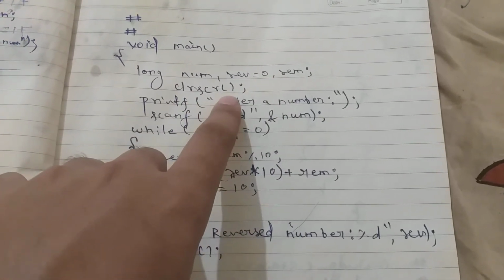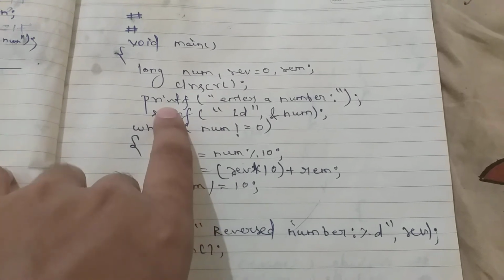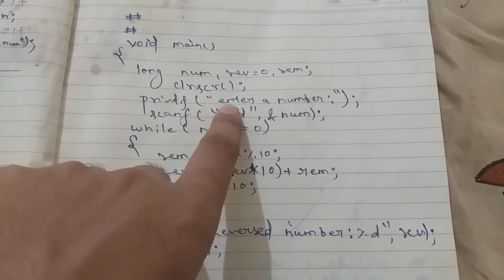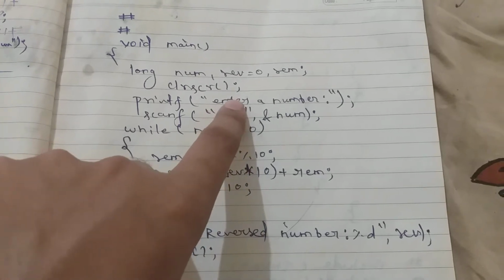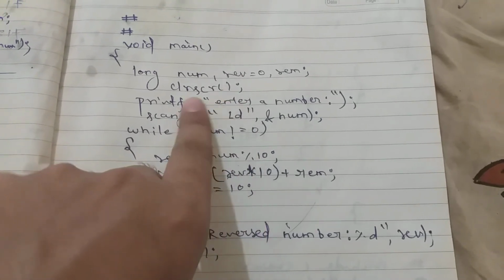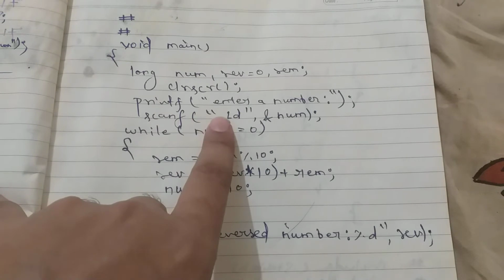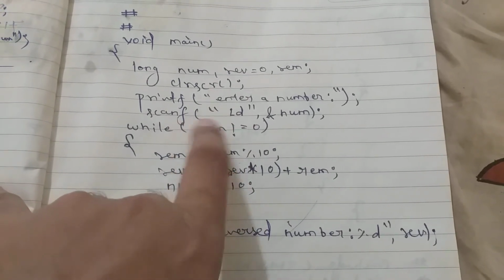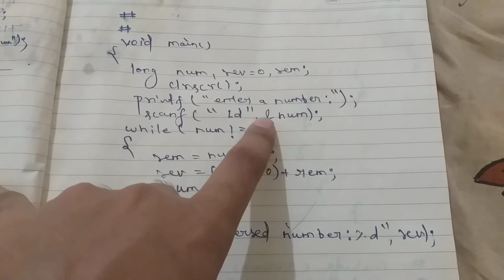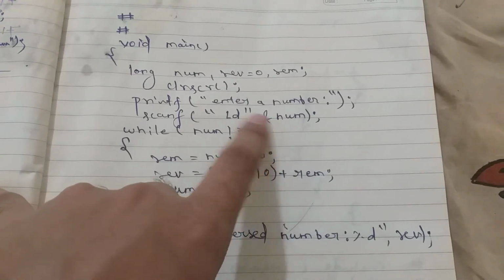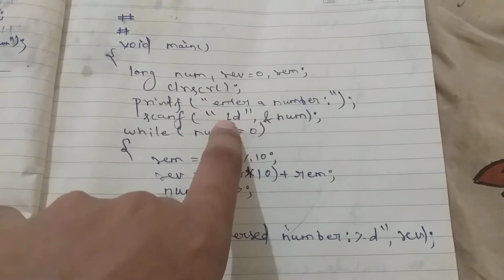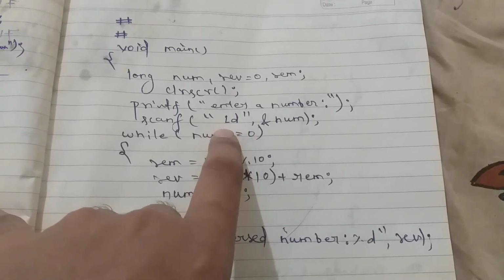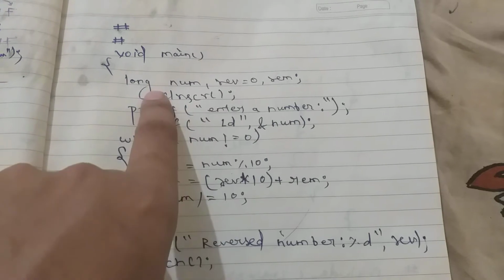After that, clear screen. After that, printf, that is, give a message to the user on the screen: enter a number that you want to reverse. After that, scan the value of the number at the address of the num variable. We have used %ld for long.